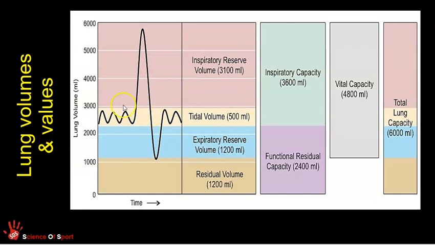Now this basically represents the extra volume of air that I could take in if I needed to. It's got a limit, of course, because if I take in any more than that, my lungs will explode. They don't have the capacity to take in more than that. So I could take in from this that much more volume, and then I'd be at my maximum inspiration.